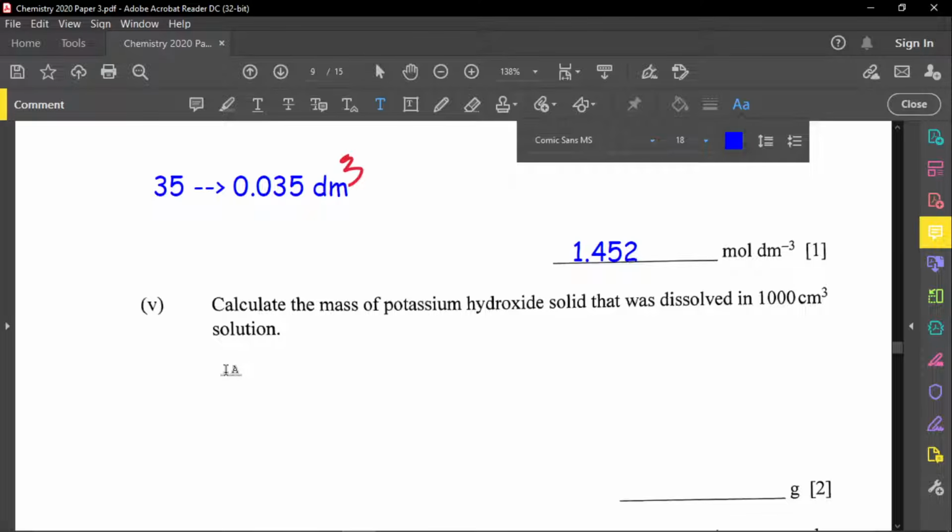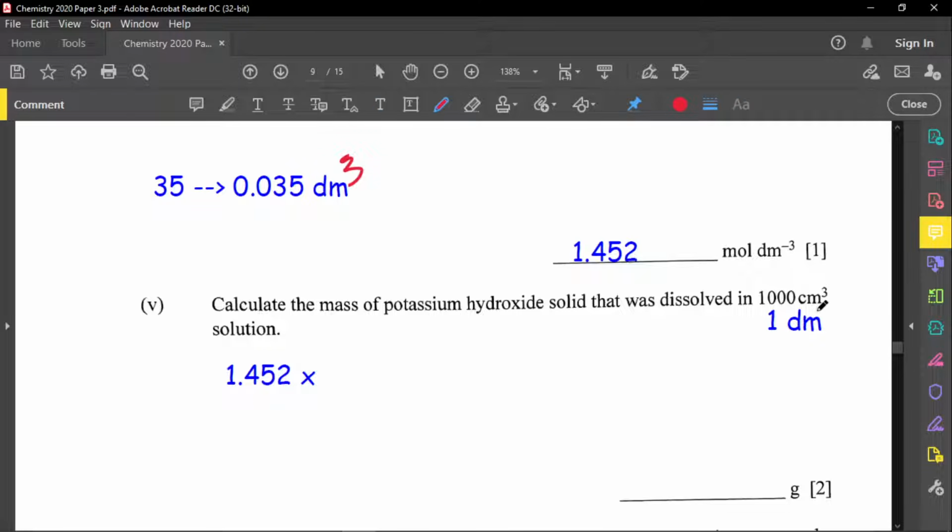So we're going to multiply the concentration here, which is 1.452, by the volume. Again, the volume is 1 dm cube, because 1,000 centimeters cube is the same thing as 1 dm cube. Let me just make a note of that. Now we need to do a calculation.